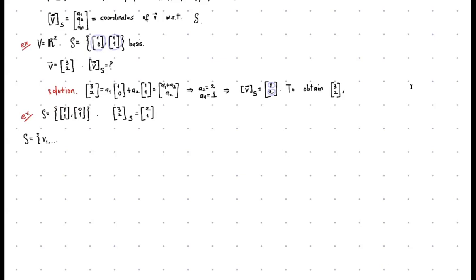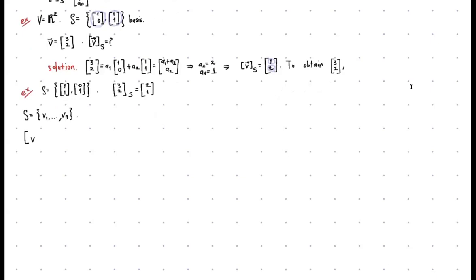If the coordinates of a vector V with respect to S are A1 to An, and the coordinates of another vector W with respect to S are B1 to Bn, then what are the coordinates of the vector V plus W with respect to S?